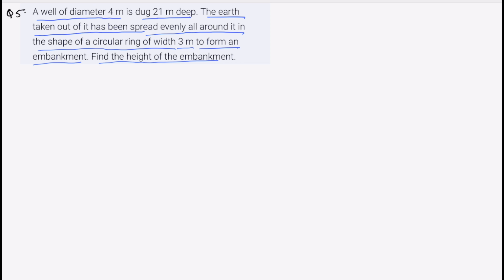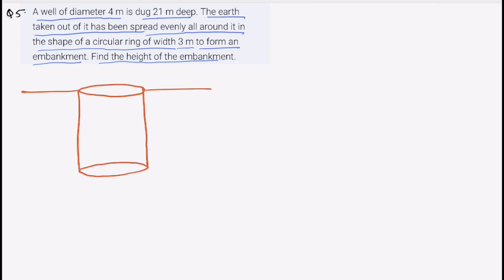Okay. So what it is saying is a well has been dug. Let's say this is the well. And the earth taken out of this well is spread across, let's say this is the earth surface, to form an embankment of thickness or width 3 meters.